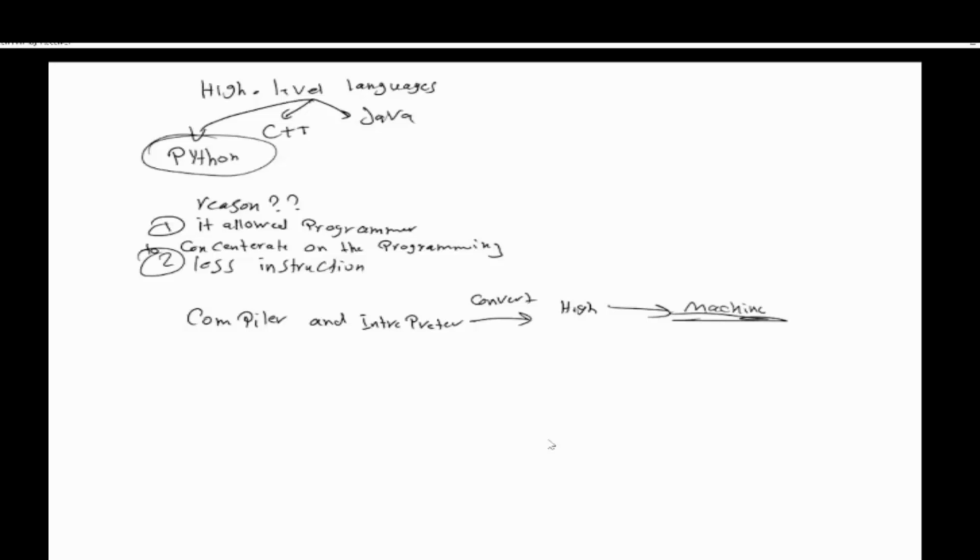So what's the difference between the compiler and the interpreter?